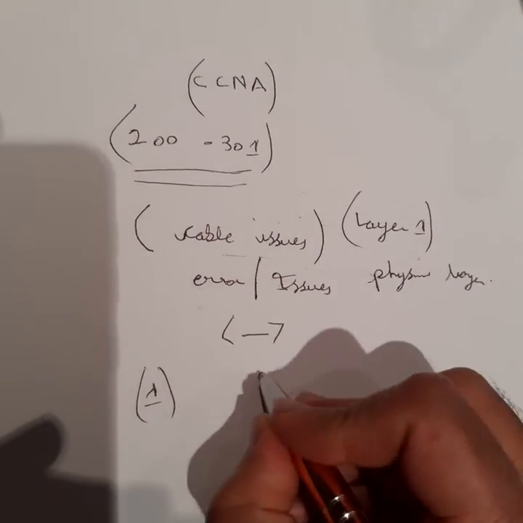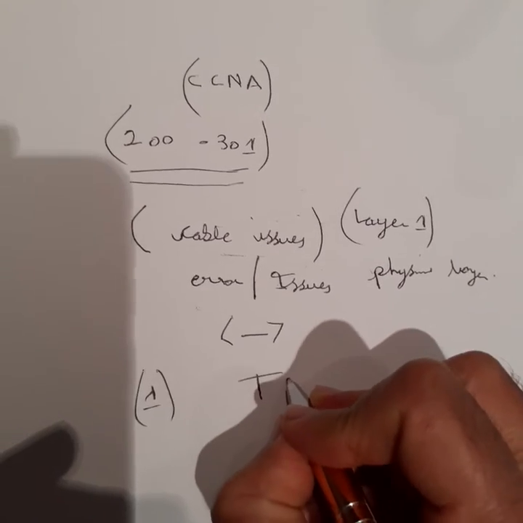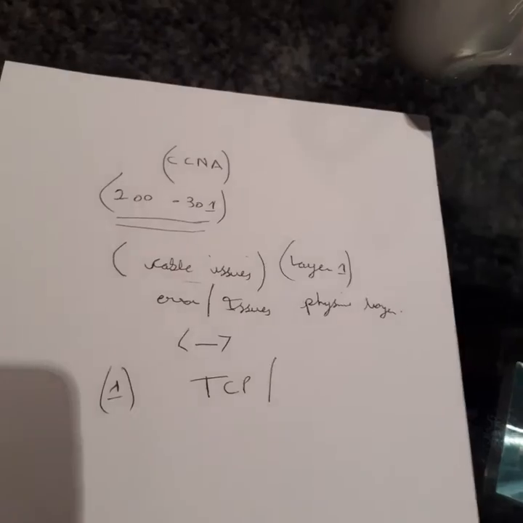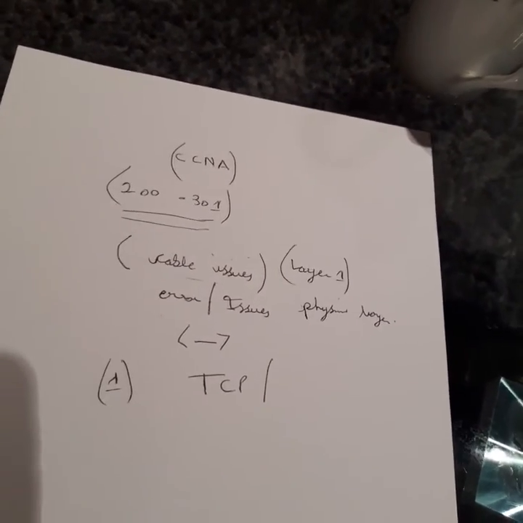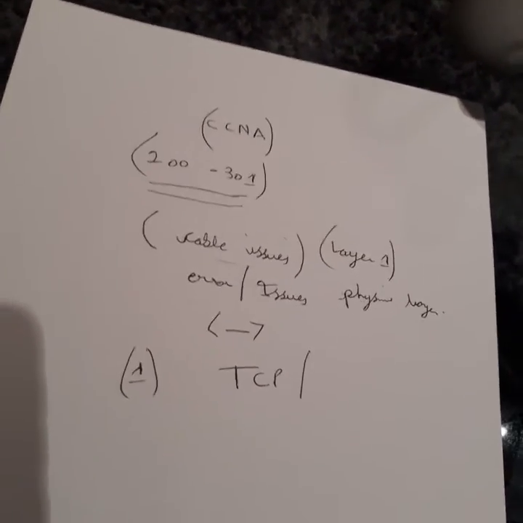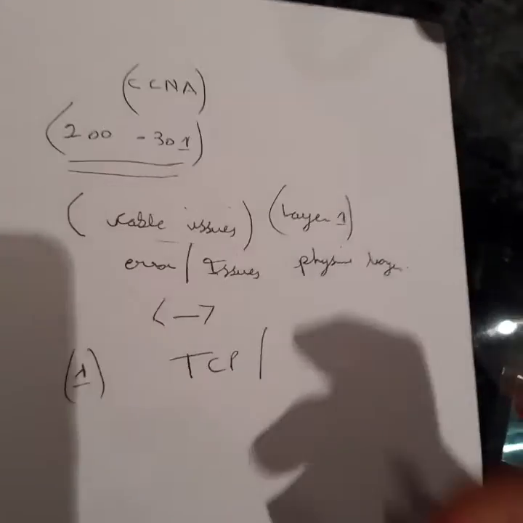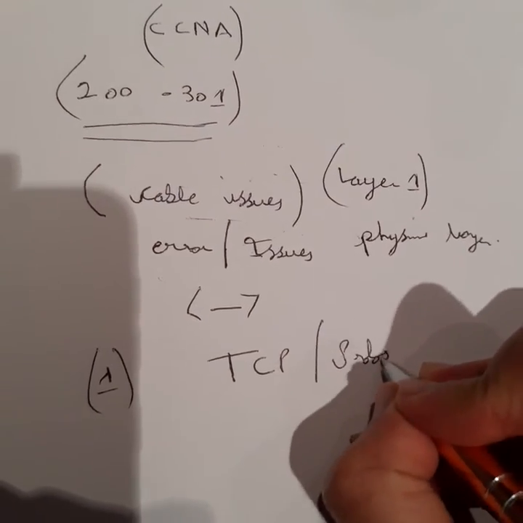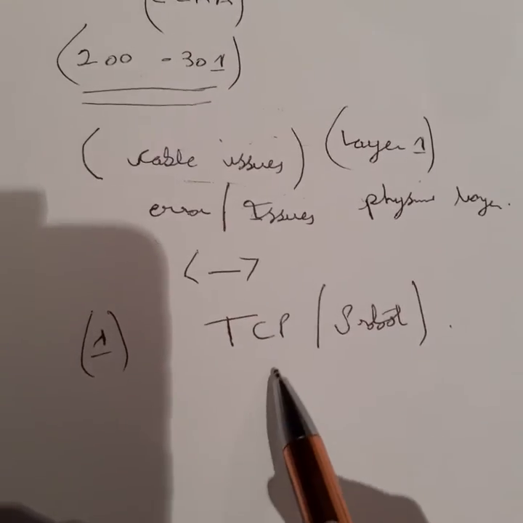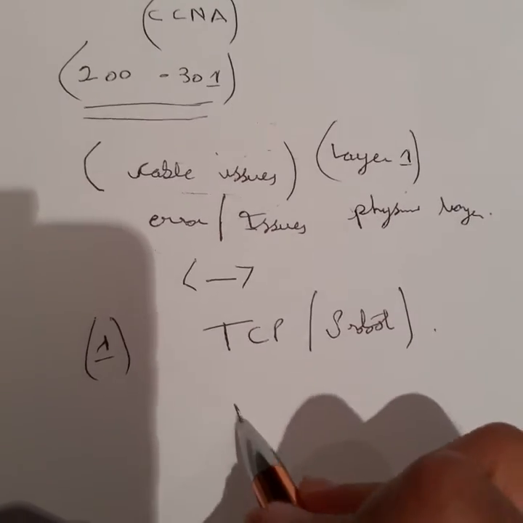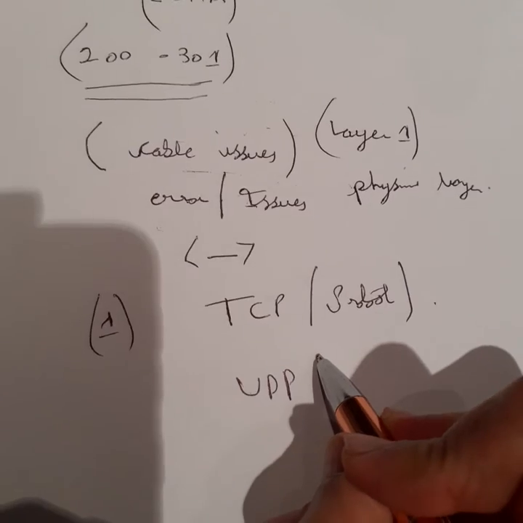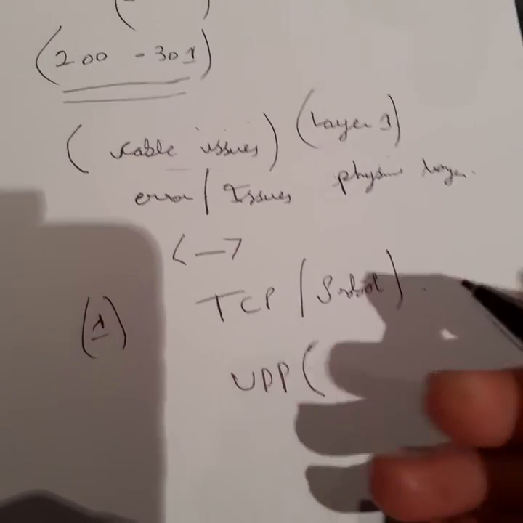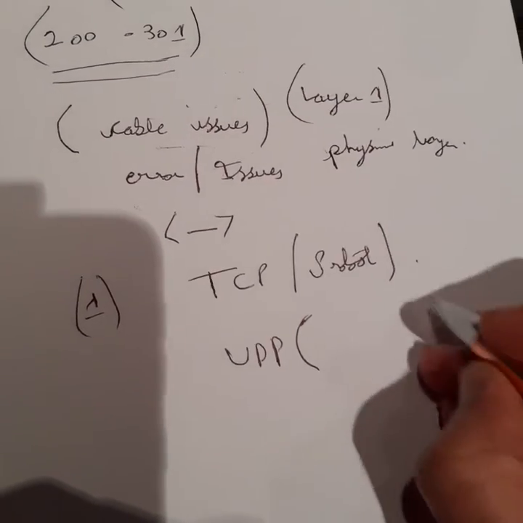And then briefly I'm going to say TCP. People who have been in IT know about it. If you are a new starter, it's Transmission Control Protocol. Protocols are sort of a language of the computer. So we have TCP, and then we have UDP, and we need to know which one is connection oriented and which one is connectionless.